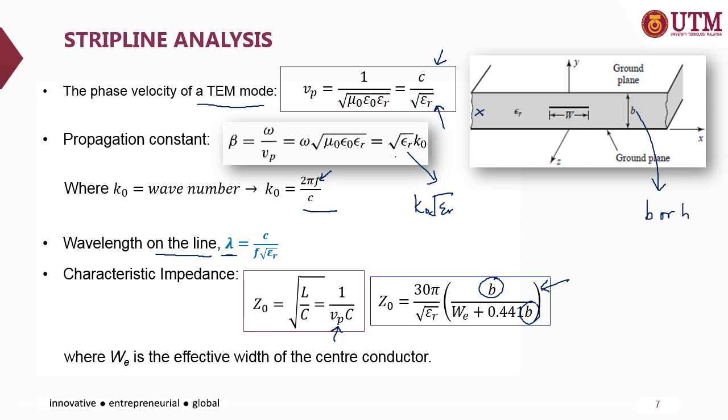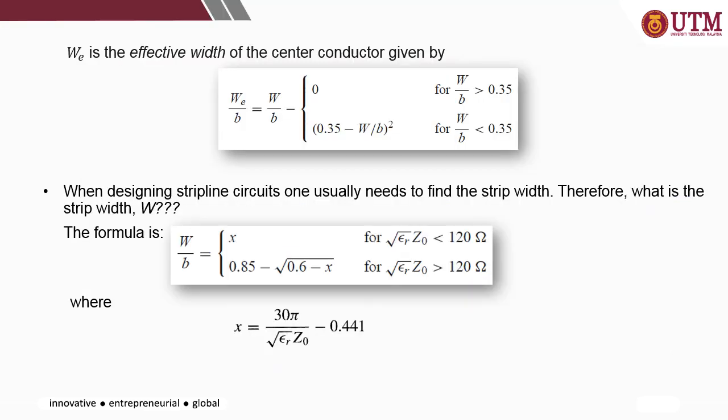Okay, and WE here is basically the effective width of the center conductor. Why is there an effective width? Because the strip line lies in between two ground planes, with the dielectric materials in between.